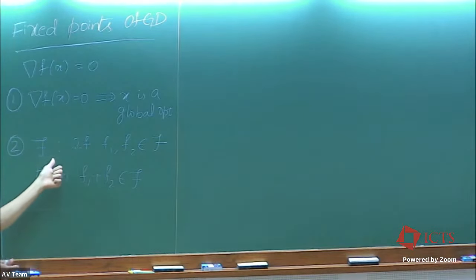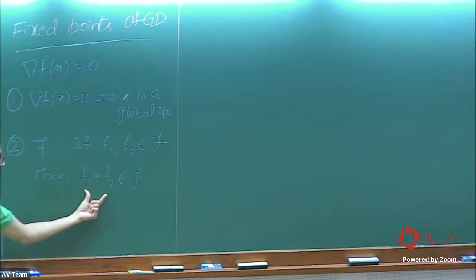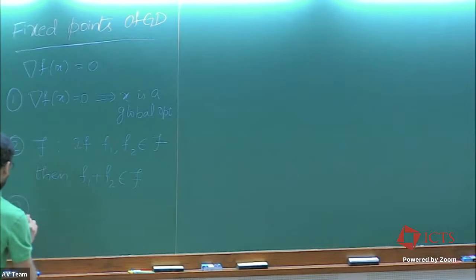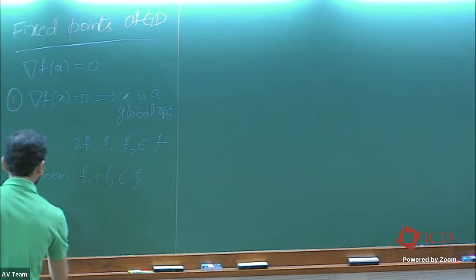The second condition that I want to assume is that I want my function class to be at least closed under addition: if f1, f2 are in my function class, then f1 plus f2 is also in my function class. And third, I would like very simple functions like linear functions to be in my function class.